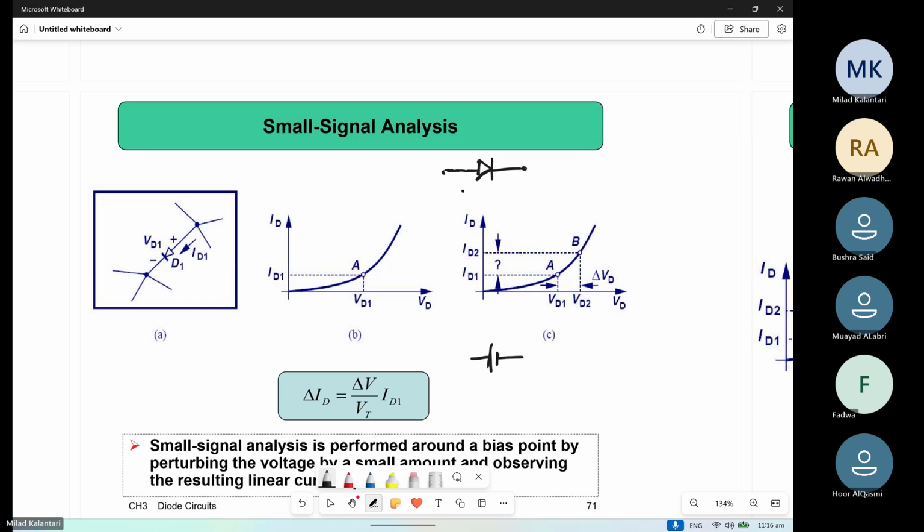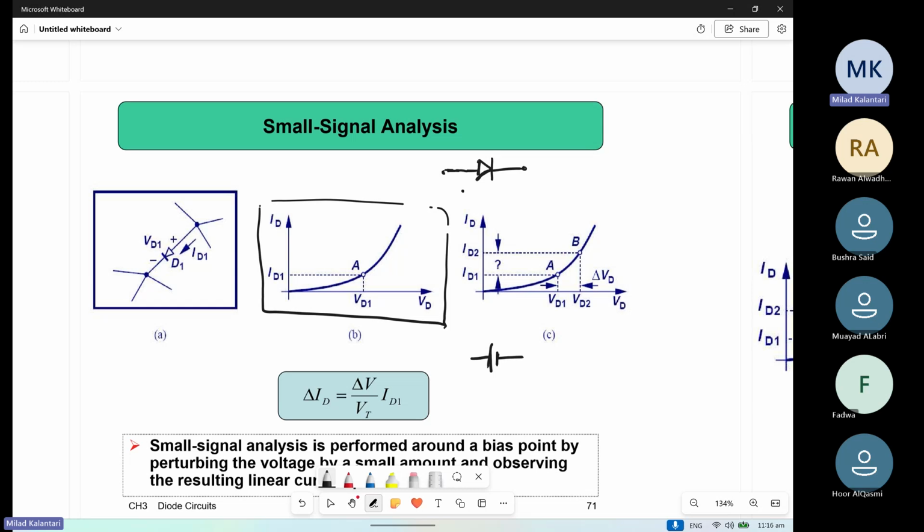So what you need to do, if you want to be more accurate, is go back to the actual curve of the diode. Let's say you bias the diode, as we call it, at a certain operation point.